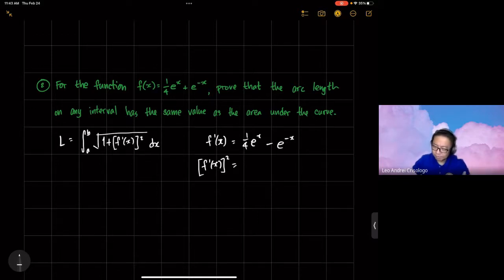So, when we find yung square ni derivative niya, hindi ko i-expand. Basta, sulat ko siya ganito. 1/4 e raised to x squared. Hindi ko i-distribute yung squared. Minus 1/4 e to the x times negative e to the negative x. So, magiging negative 1/4 times 2. So, negative 1/2 plus e raised to negative x quantity squared.